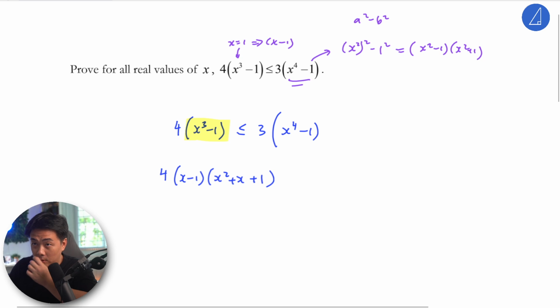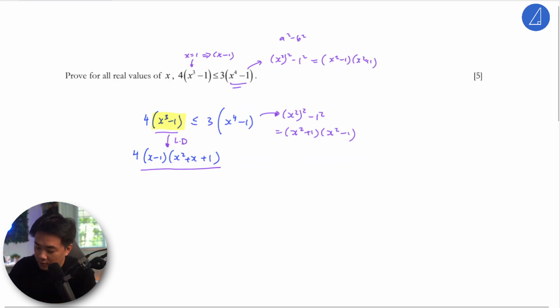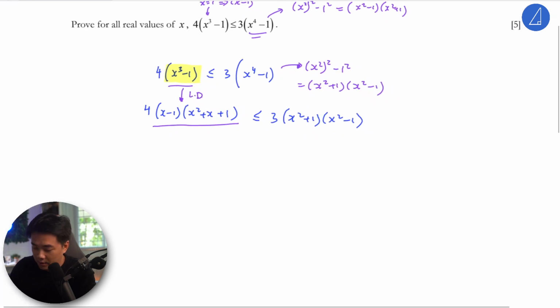For this one, I'm going to use a squared plus b squared, because I'm just lazy like that. Then after which we could use a difference of squares again, this is a squared minus b squared as well.